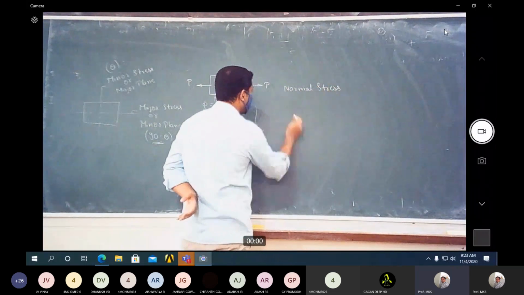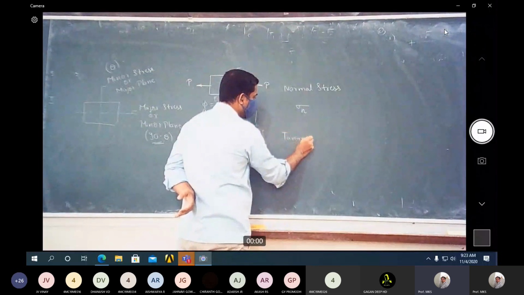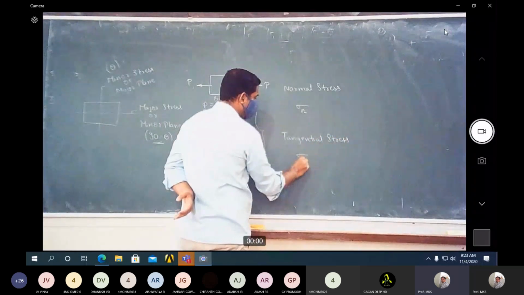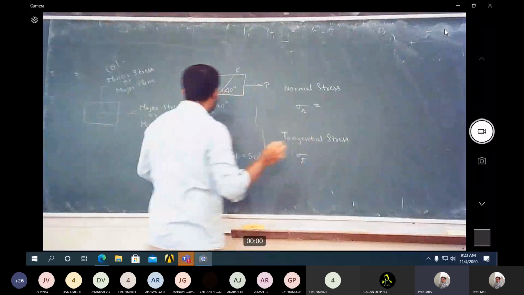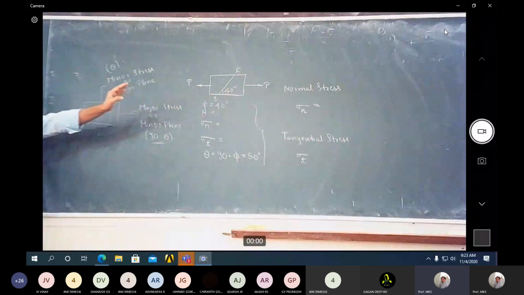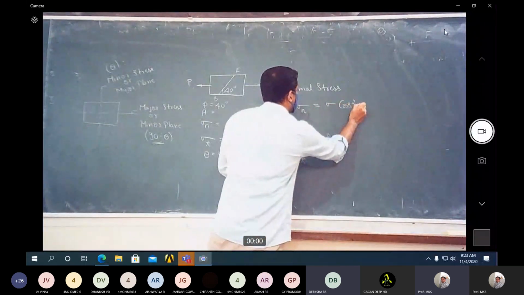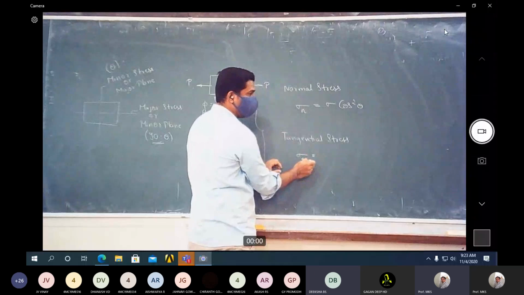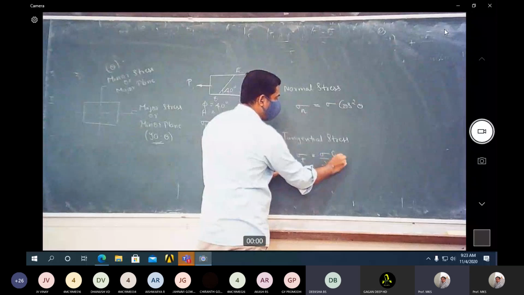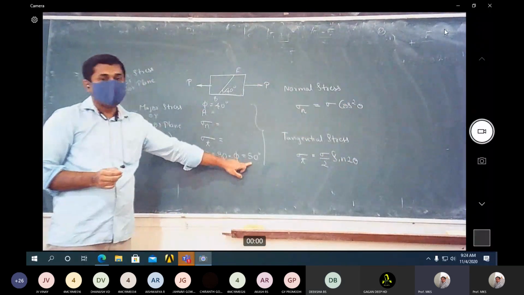Sigma n is given by sigma into cos square theta. What is sigma t, the tangential stress? Sigma by 2 into sine 2 theta. Here you substitute theta, that is 90 minus 40, which is 50 degrees.